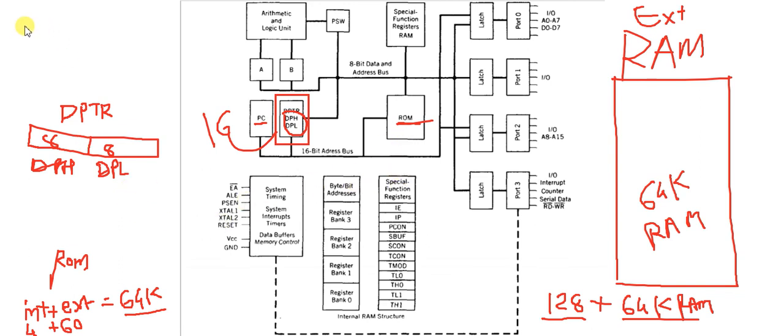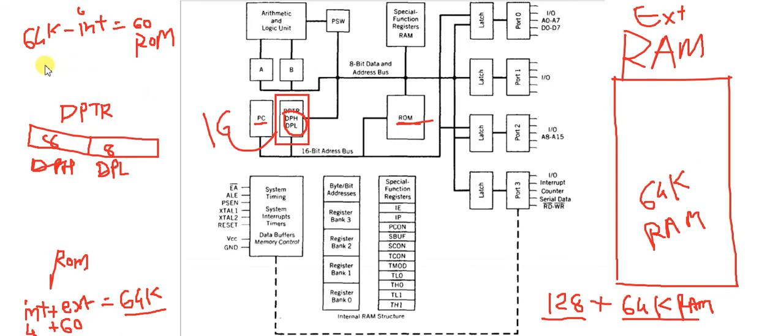That means 64K minus the internal memory available on chip, and whatever the answer is, that much amount of ROM we can connect with our microcontroller.